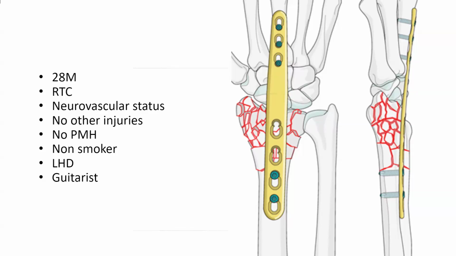It definitely doesn't need a full exposure. All you're doing is making sure that you are under your extensor compartments and that you're sliding the plate, and that's it. Once the fracture's healed, you take these things off and you try and get them moving, and you just hope that the bones have sort of turned themselves back into something that looks a bit like a distal radius. But it's of course not the best option, not by a long way.